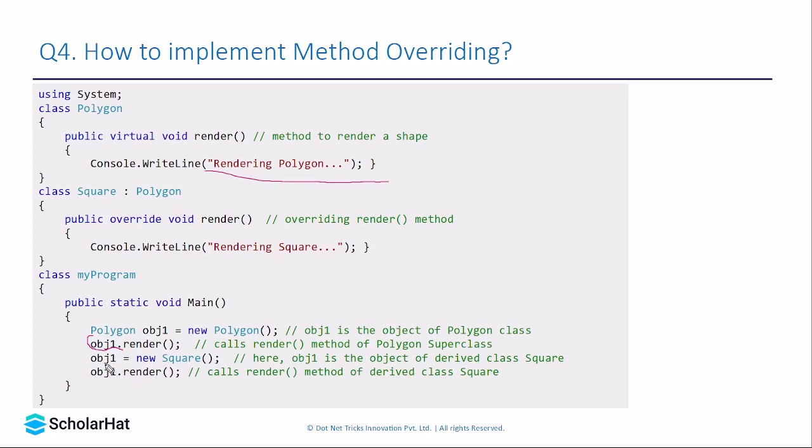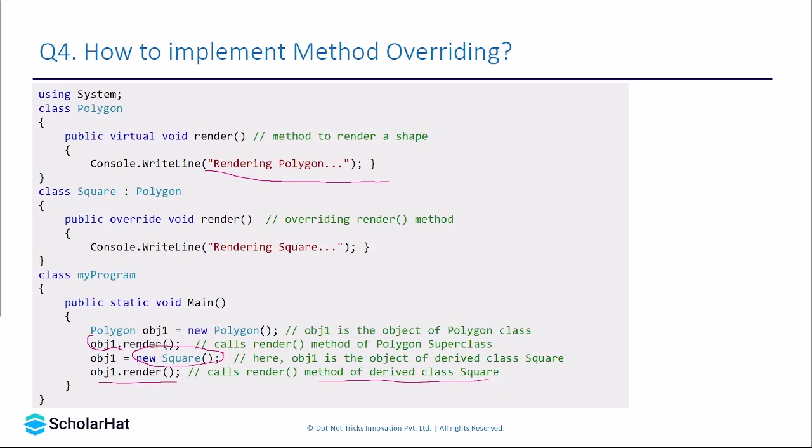Now in the next line, we are creating a child class object, and this is possible in inheritance, where we can create an object of a base class with a child class. And now if I call obj.render, it will call the method available in the child class. So this is how method overloading and method overriding work in the C# programming language.